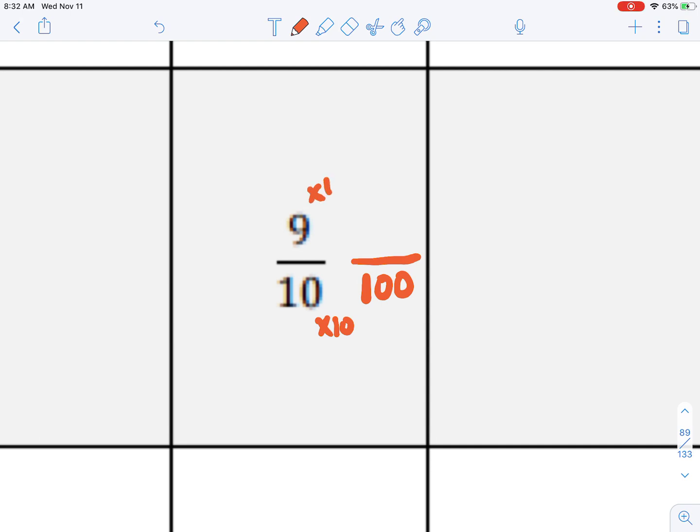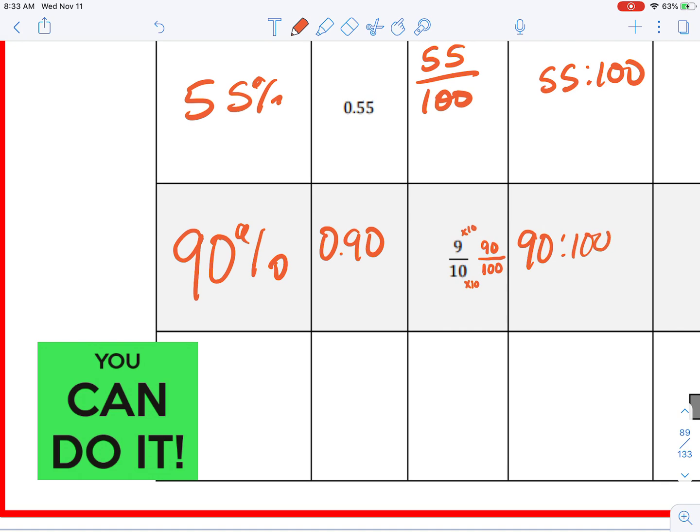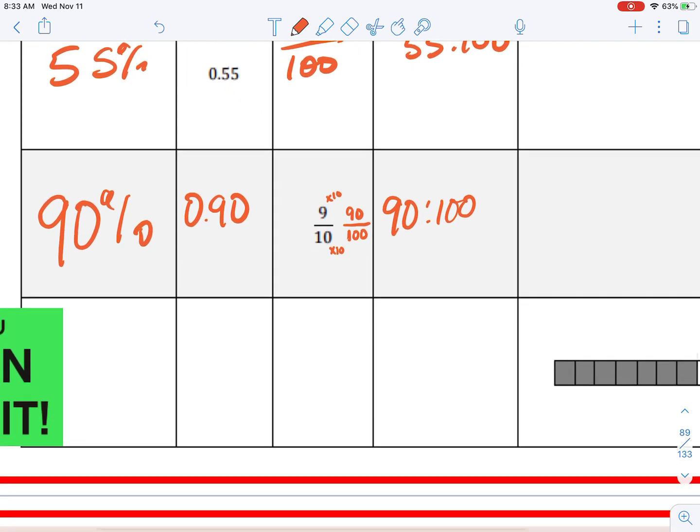So I have to multiply 9 times 10, which gives me 90 over 100. Now I know what 90 over 100 is. That is 90%. And 90 over 100 is 90 hundredths, which means as a decimal, it's 0.90. And the part to whole ratio would be 90 to 100.